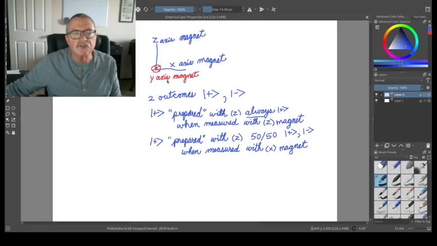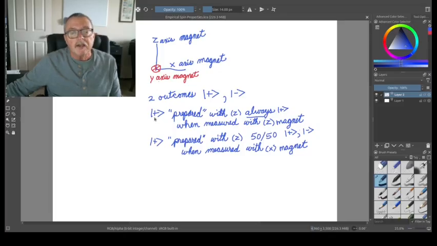The y-axis doesn't cause a deflection, it causes an acceleration or a deceleration of the atom itself, which is extremely difficult to measure. Here's a couple facts from the experiments.